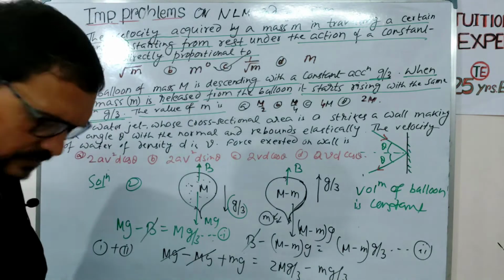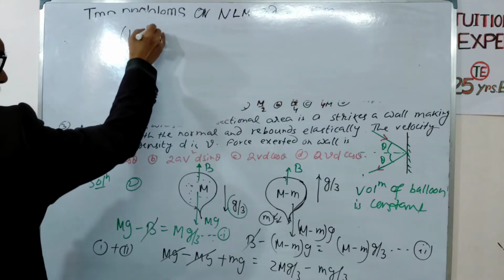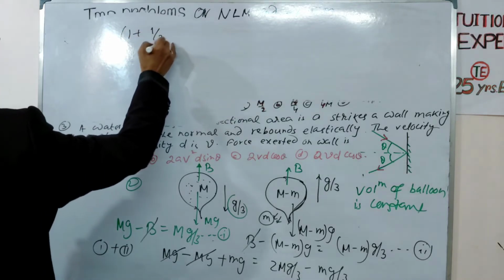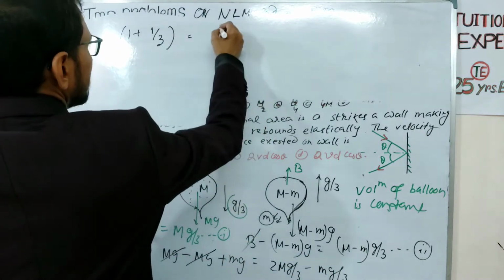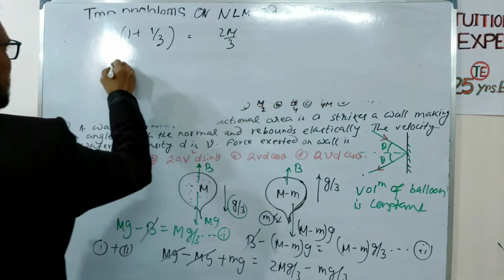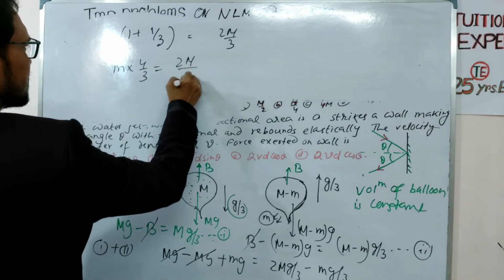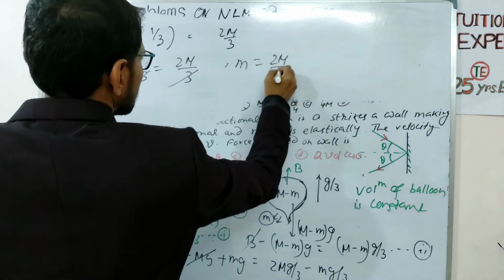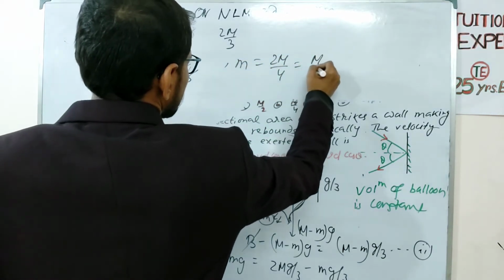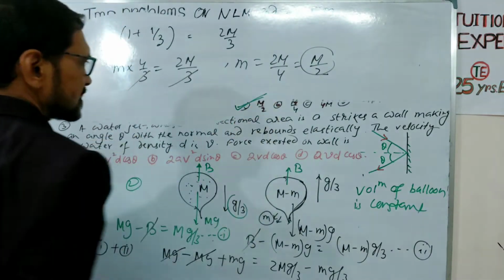So m times (1 plus 1 by 3) equals 2M by 3. So m into 4 by 3 equal to 2M by 3. This cancels, so m equals 2M by 4, that is M by 2. So this is the answer, M by 2.